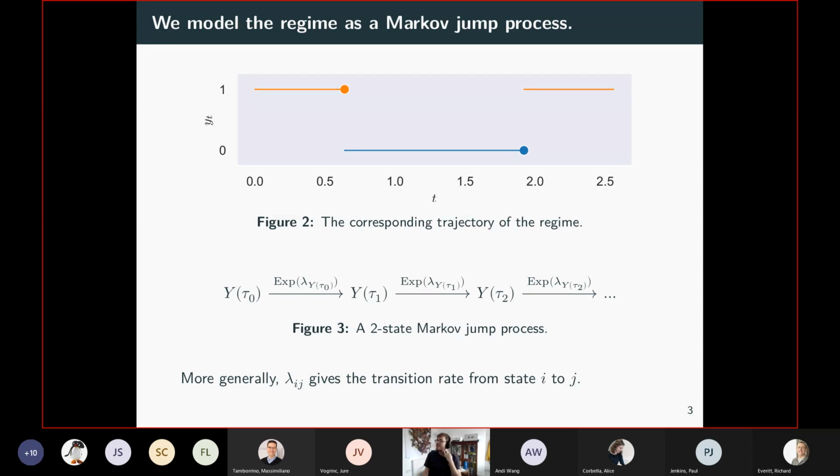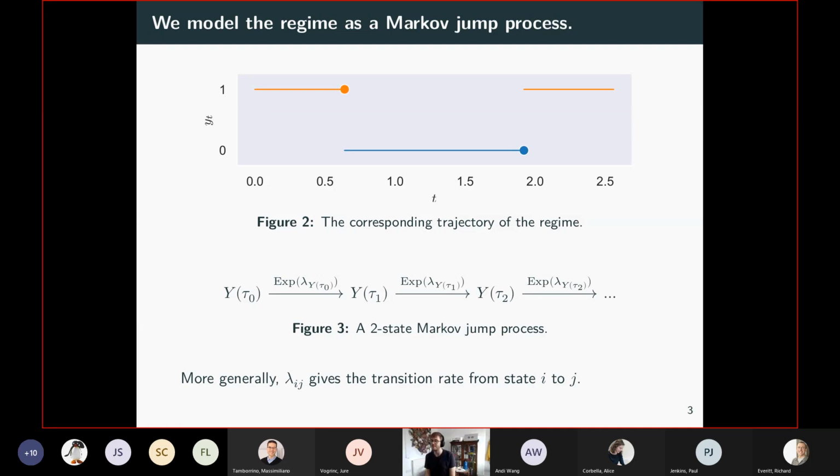So mathematically speaking, what is this regime process that I'm speaking of? Above, I'm giving you what the corresponding trajectory to the previous figure of the hidden Markov model would look like. In 2 states, it's actually a pretty simple description.